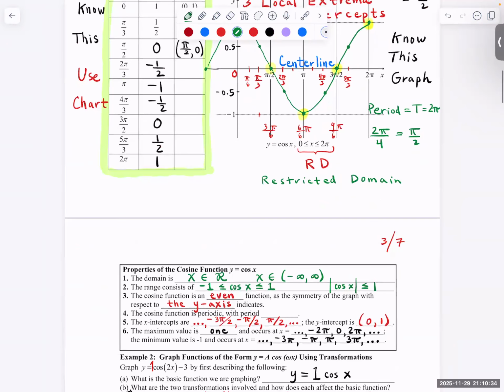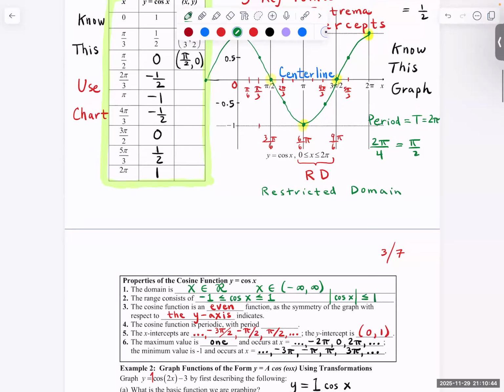So number 1, properties. The domain is that x, the angle, can be any real number in radians. 2, the range consists of values for cosine of x between -1 as a lower bound and +1 as an upper bound. This is equivalent to the absolute value of the cosine of x is less than or equal to 1.